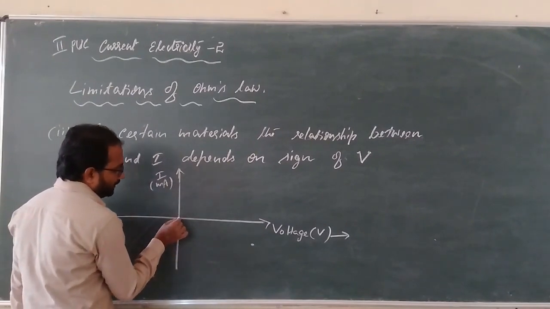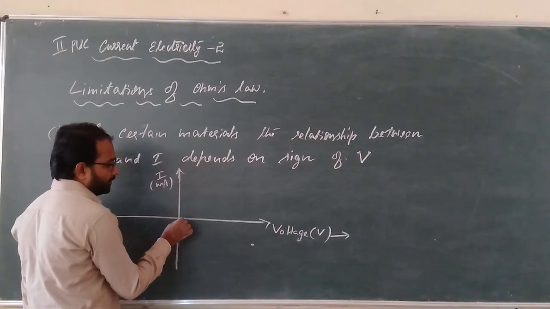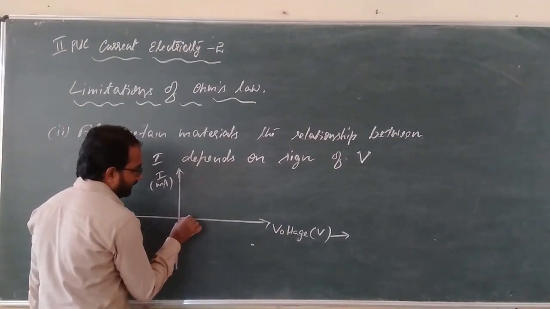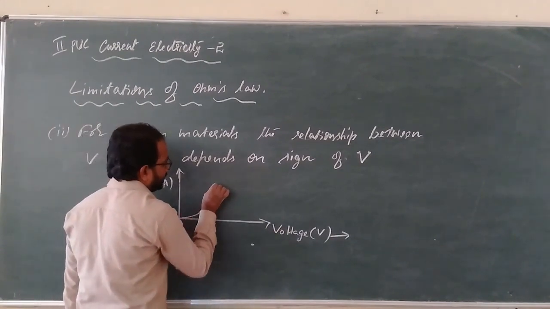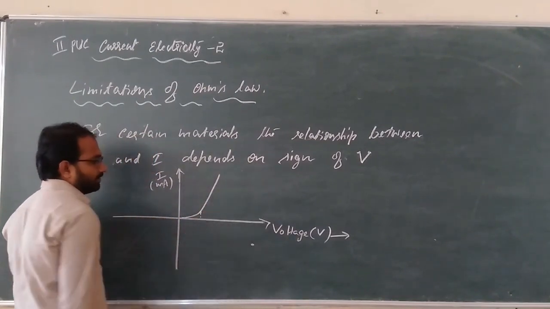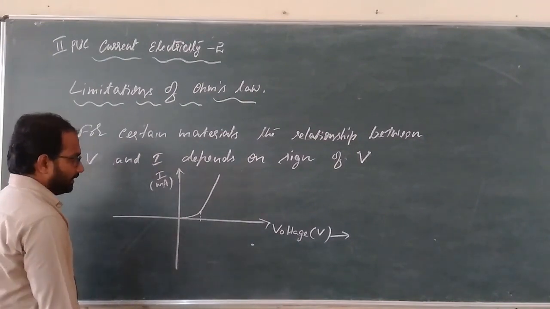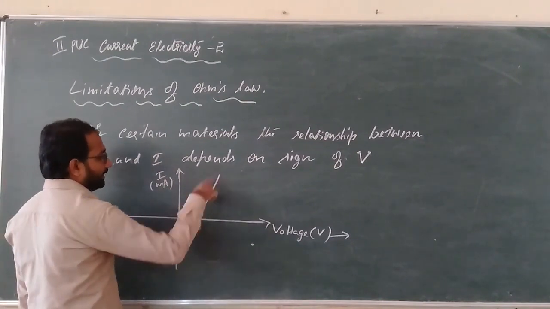For a small voltage, there is no current, and if you increase the voltage, say 0.1, 0.2, 0.3, the current slowly rises. After the knee voltage, the current rises sharply, right? For a silicon diode, this is somewhere around 0.6 to 0.7 volt. So the current is in terms of milliamperes.